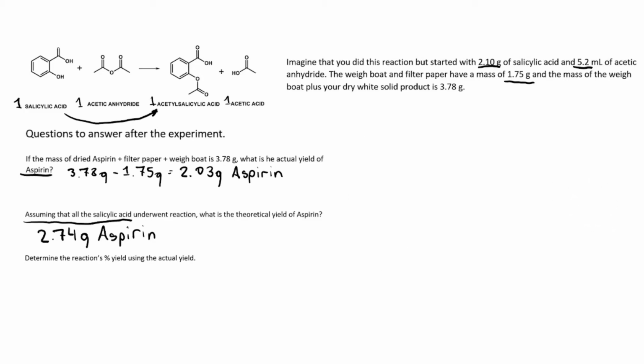So last part, determine the reaction's percent yield using the actual yield. All right, so the percent yield of a reaction is equal to the actual yield divided by the theoretical yield.